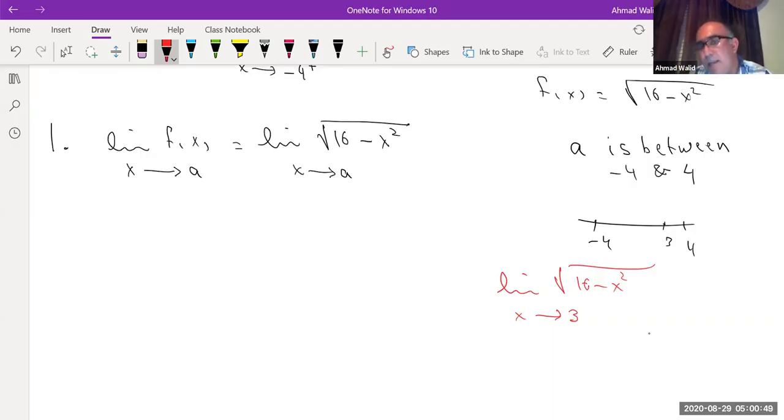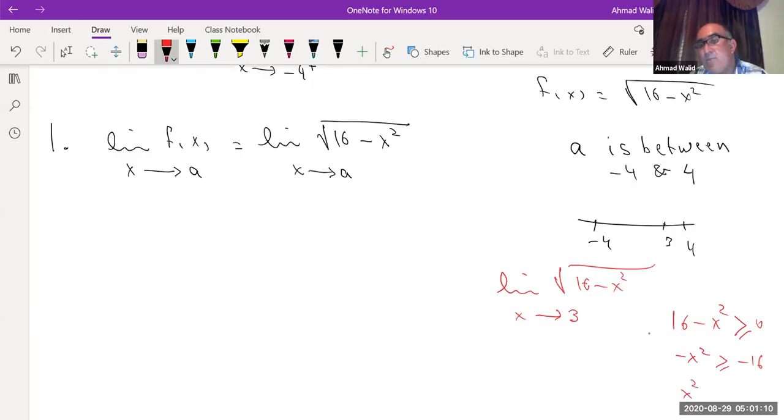How to find the domain? It's algebra. I repeat it for you: how to find the domain, or the restriction. 16 minus x squared should be greater than or equal to 0. Correct? It means negative x squared should be greater than or equal to negative 16.